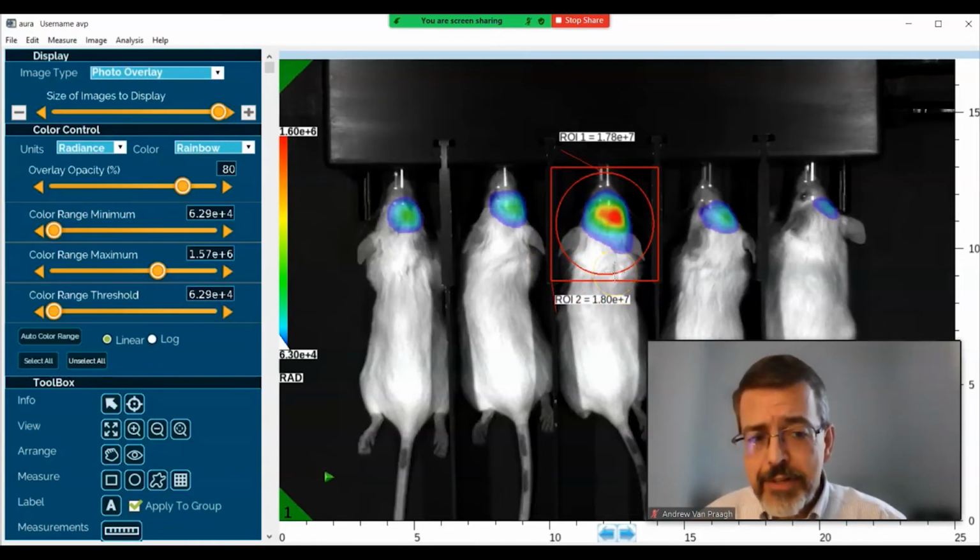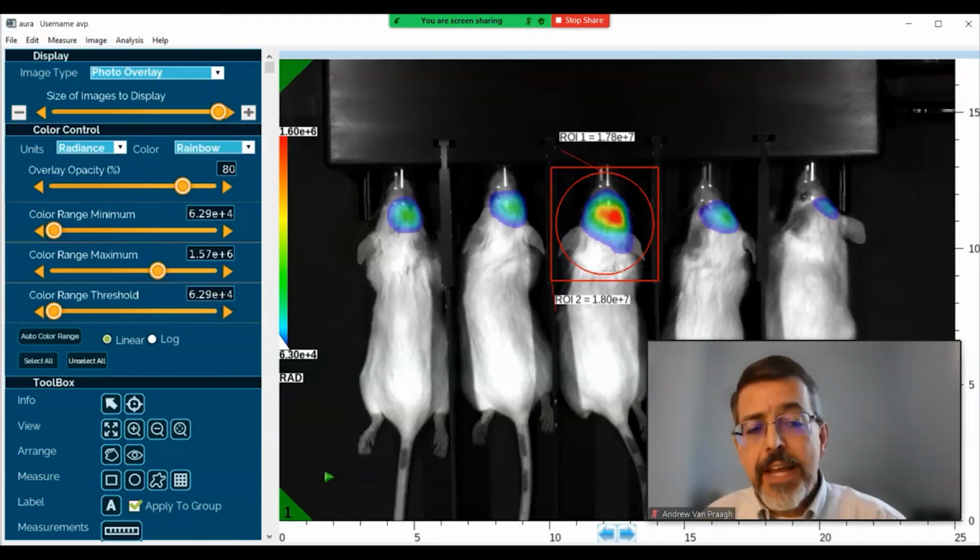And this increase in the number of background pixels is going to reduce the mean of the overall region of interest. So this is a variability in mean radians that will happen if you use different size ROIs. And this is a fundamental weakness of using mean radians to report your data. It's susceptible to any change in the ROI size that you use.